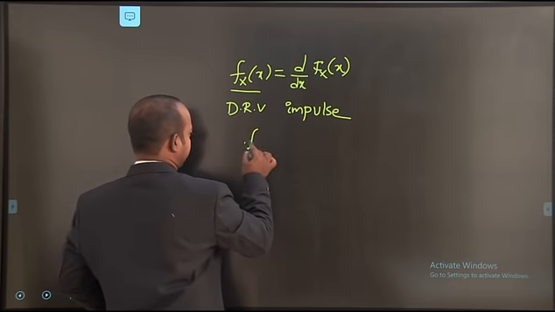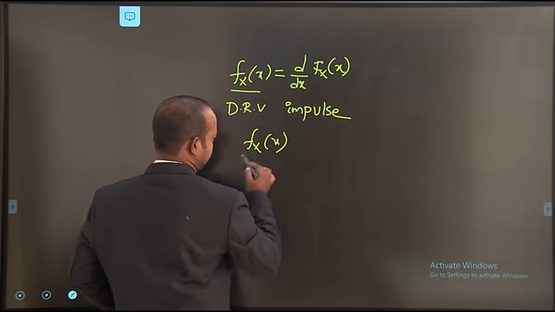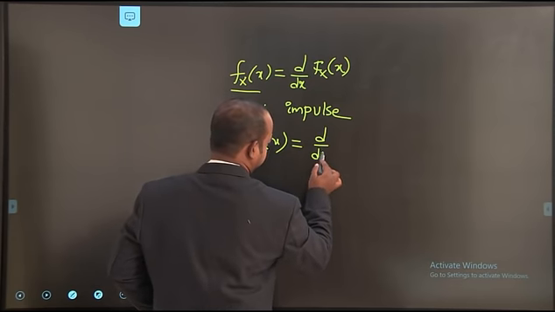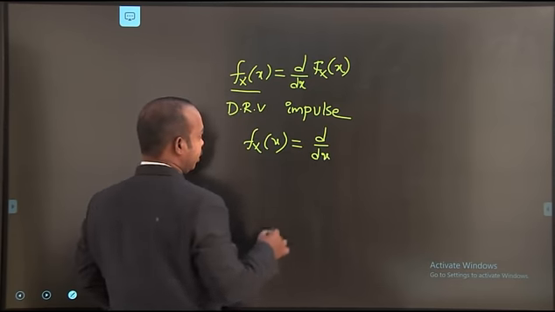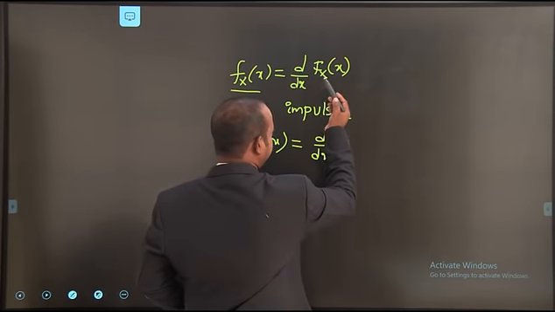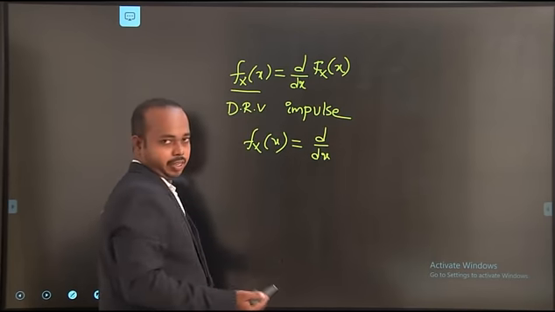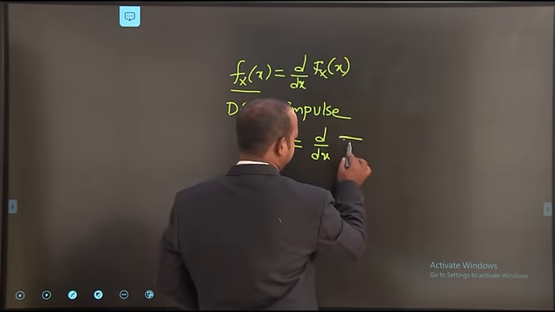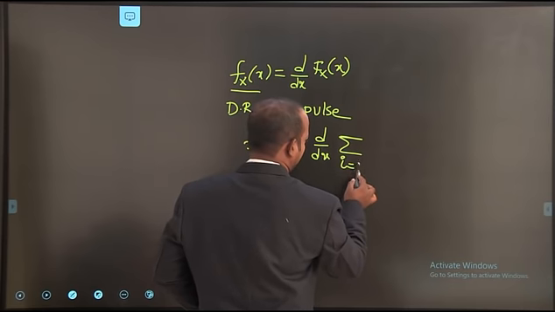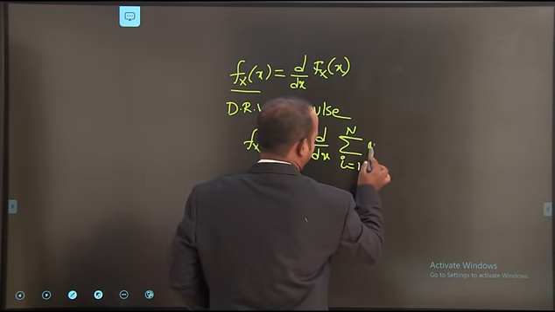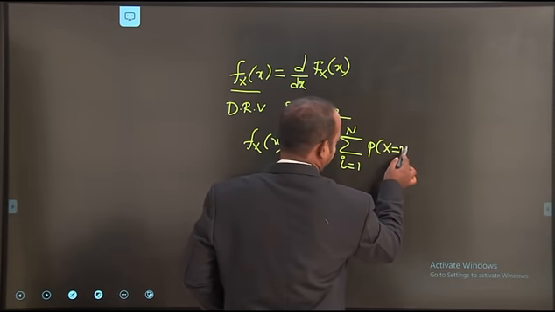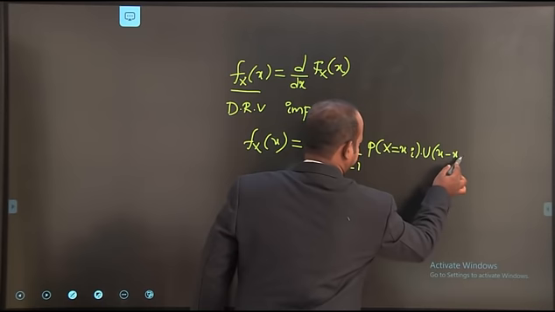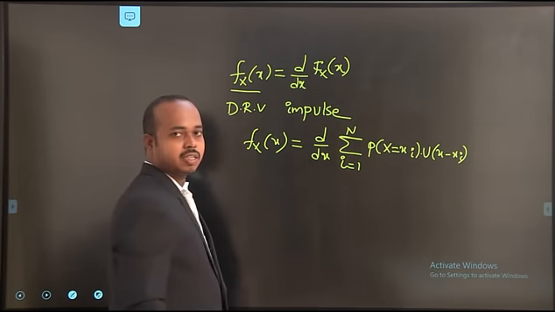Now I define f_X(x) when the random variable X is discrete. f_X(x) equals d/dx of the formula of F_X(x) for a discrete random variable, which is the summation from i equals 1 to n of probability of X equals x_i, into u of x minus x_i.